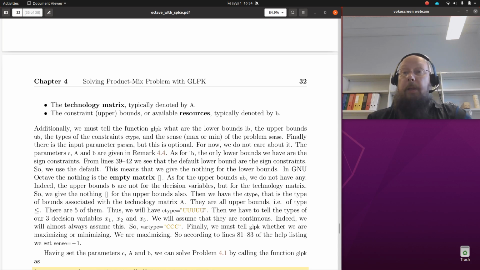One thing to note is that these are character arrays, so they have to be put into quotation marks, either double or single, it doesn't matter, you can choose which one you like. And the sense is the sense of the optimization, either maximization or minimization. Minimization was 1, that was the default, and we have to change it to maximization, so sense will be -1.